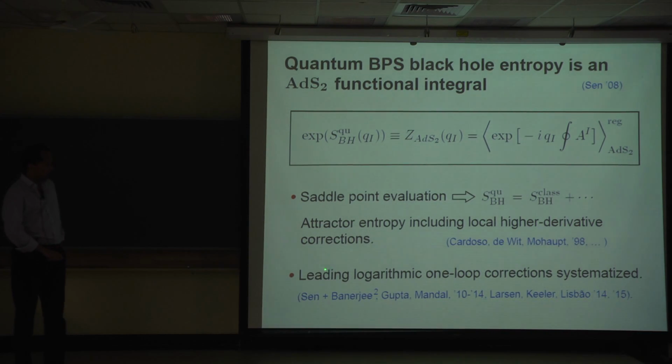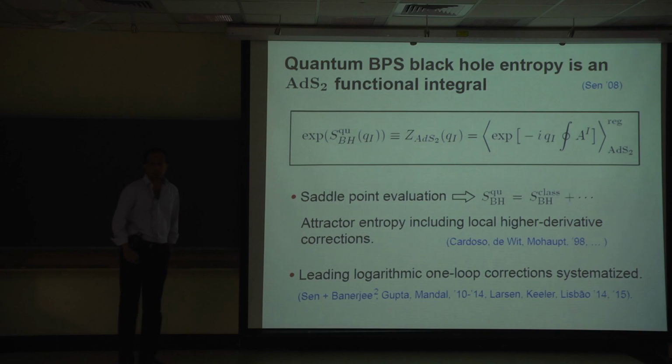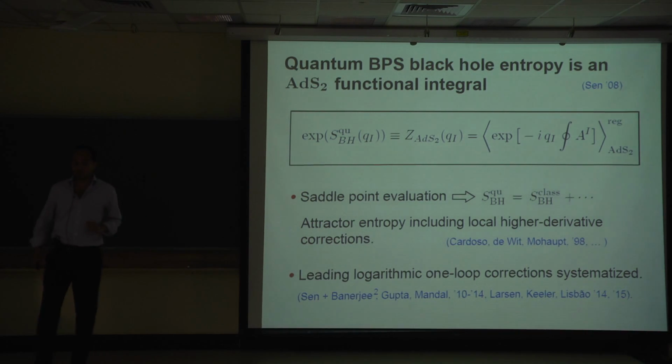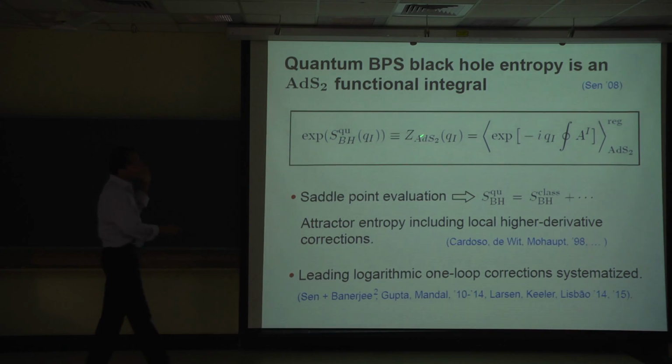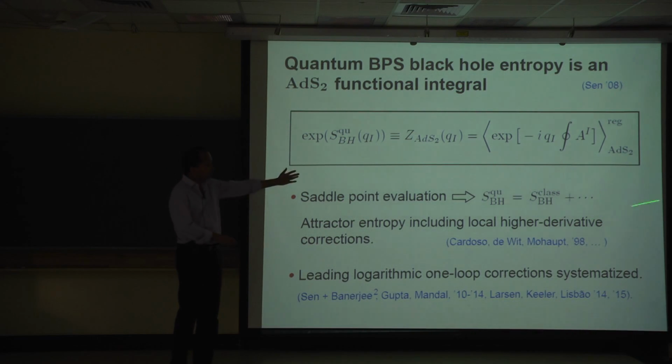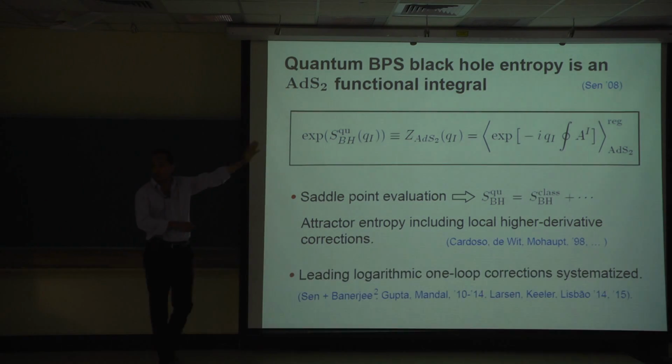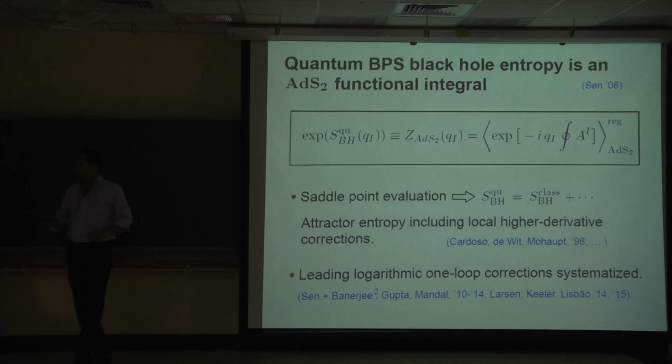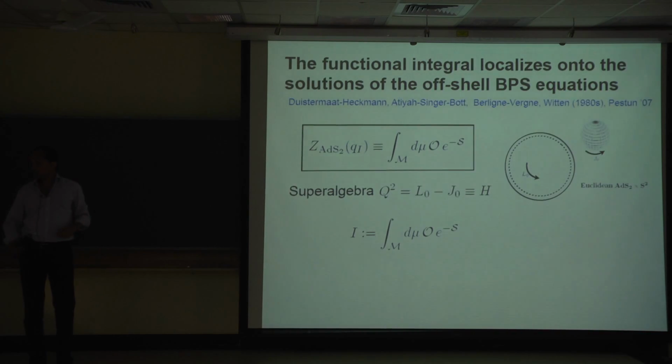And also the leading logarithmic one-loop corrections have now been computed and systematized by these people. So that's one way of understanding it. But what I want to do is to really compute this functional integral, not order by order, but exactly. So I want to compute it in one shot. And the reason I can do that is this method of localization.